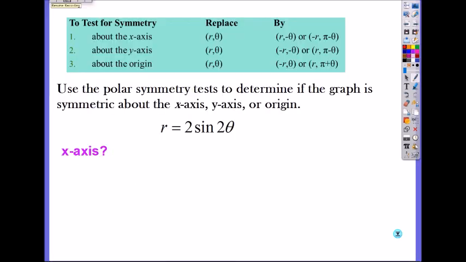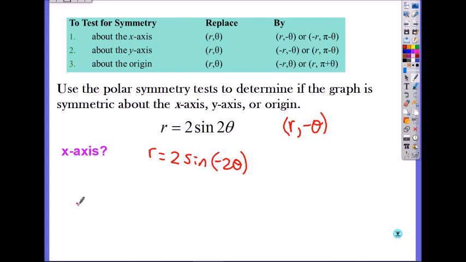So when we check the x-axis symmetry, we plug in r comma negative theta. Let's do that first. So instead of r, you put r, which is r. So now it's 2 sine of 2 theta. You plug in r and negative theta. r is just r. Now theta is negative, so you put negative 2 theta.